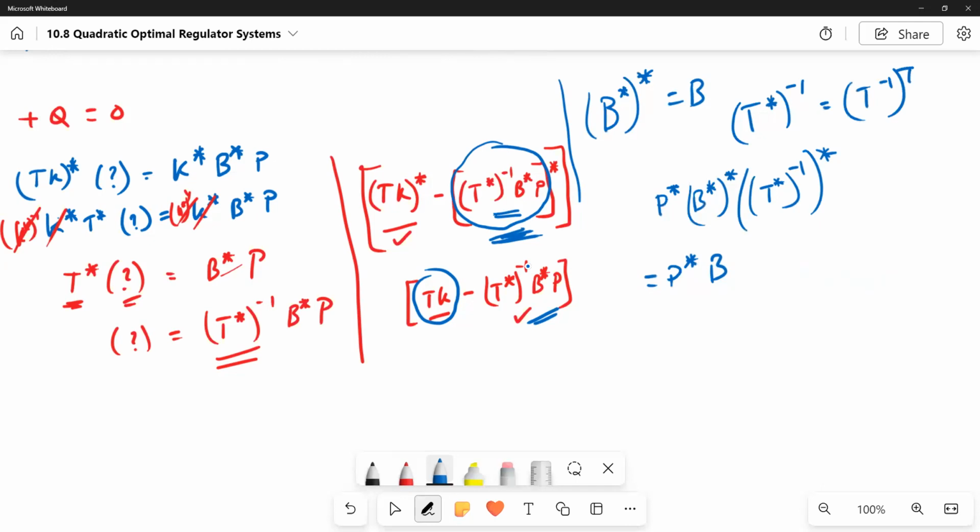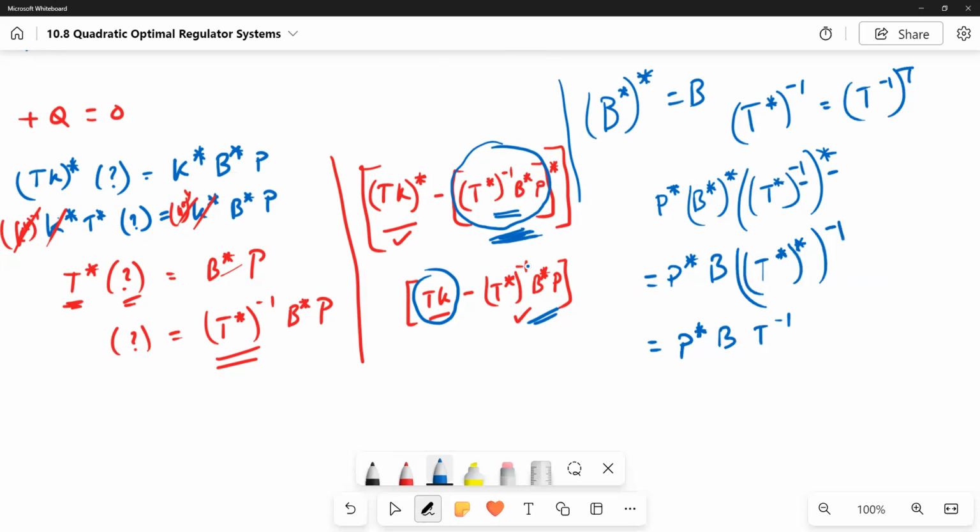Okay, so applying this, what you can do here is the outer two can be reversed. So basically T transpose is there, then another transpose goes, then we go with inverse. So ultimately it will be P star B, then T transpose T is T, so simply this will be T inverse. So this is our first term here.